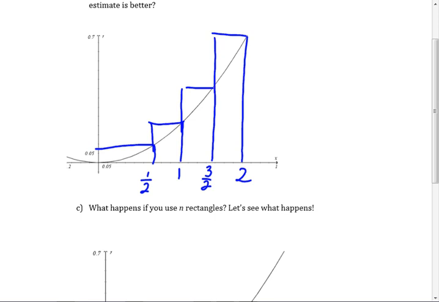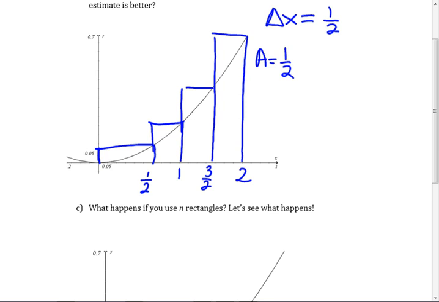No, I'm not guessing. I'm dividing it equally. But here's the interesting thing. You don't have to divide it equally to do these things. So how big are each of the bases? 1 half. So the area is equal to 1 half.